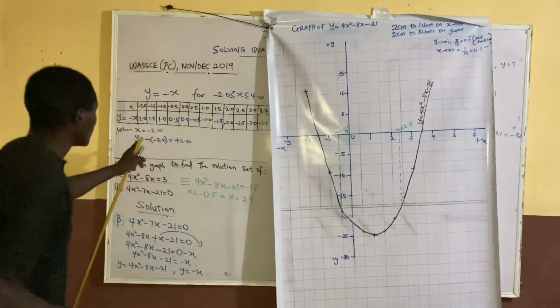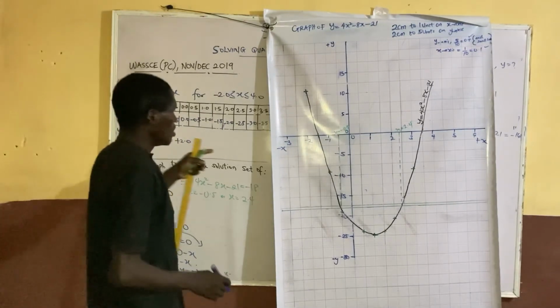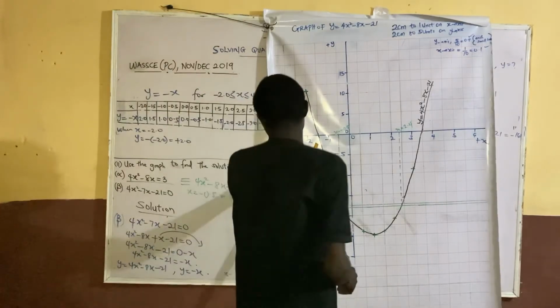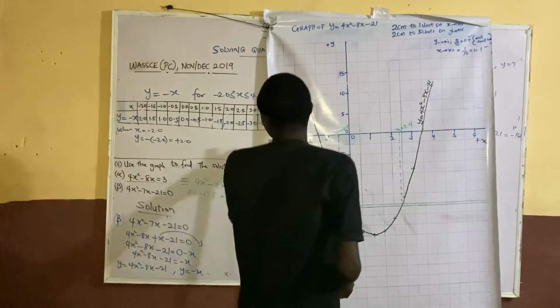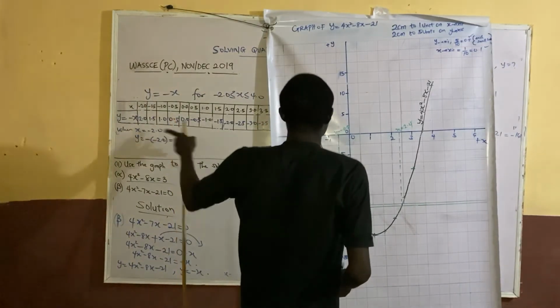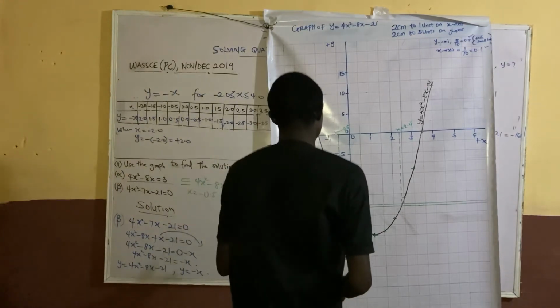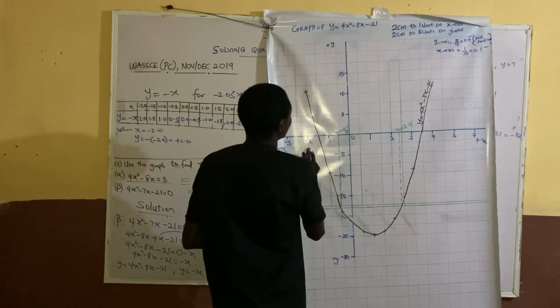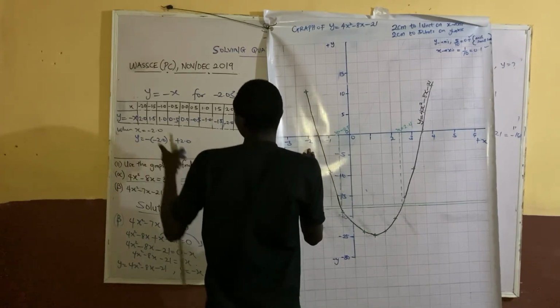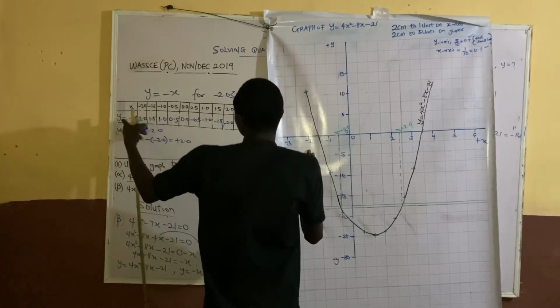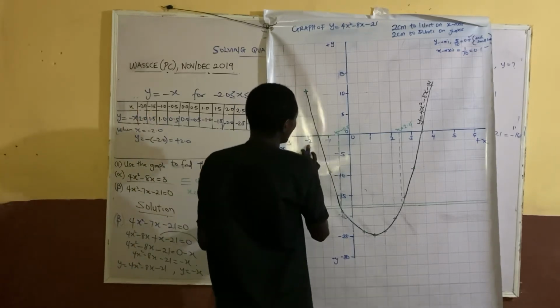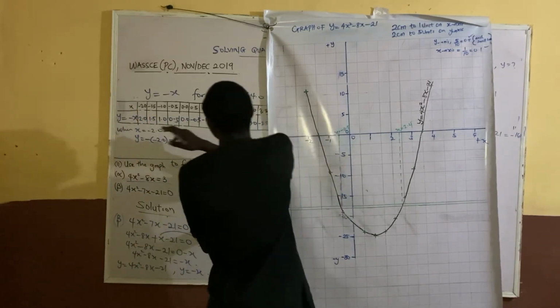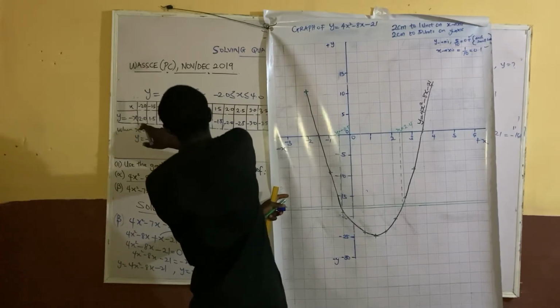So we have minus 2.0 against 2.0 along the vertical axis now. So minus 2.0 on x against 2.